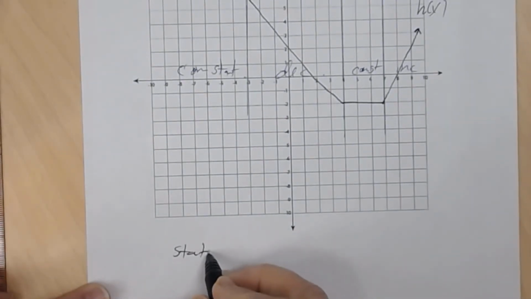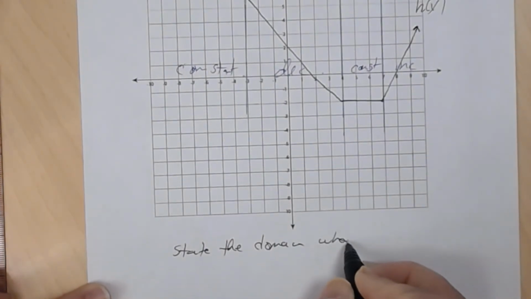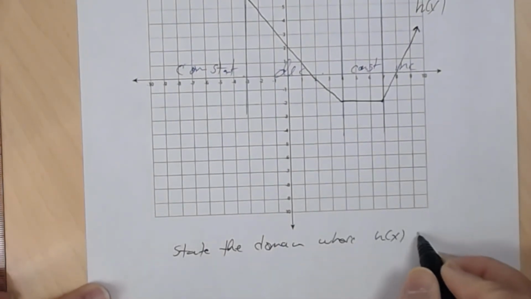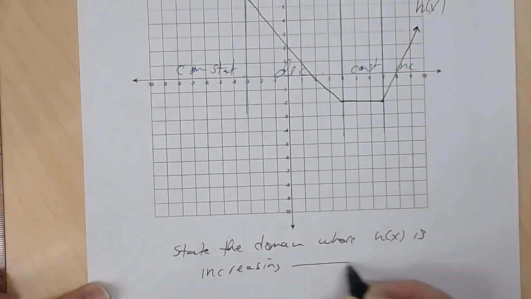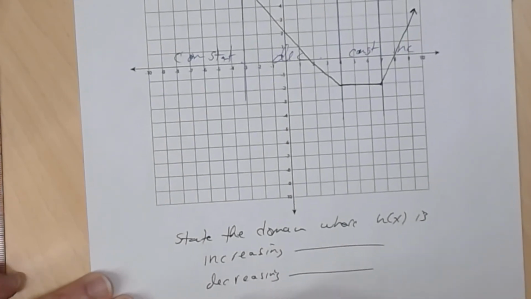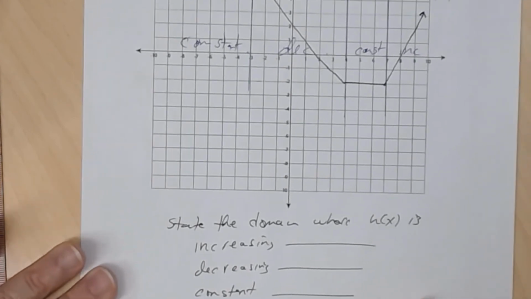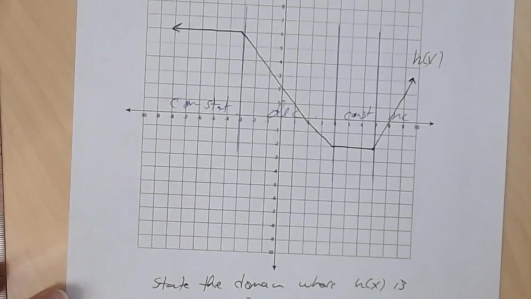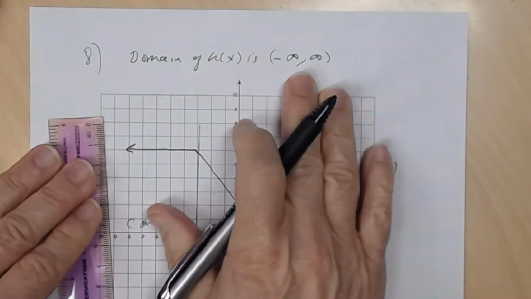State the domain where h of x is increasing, decreasing, constant. All right, so where is h of x increasing, decreasing, constant? When I went along here, remember your domain is negative infinity to infinity.